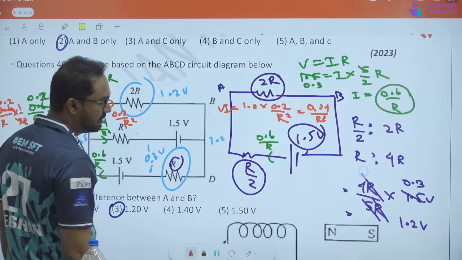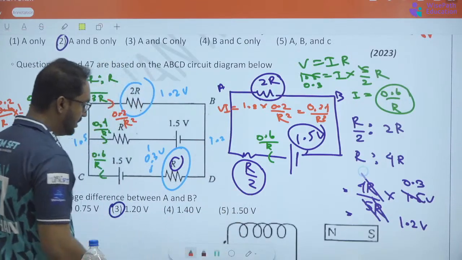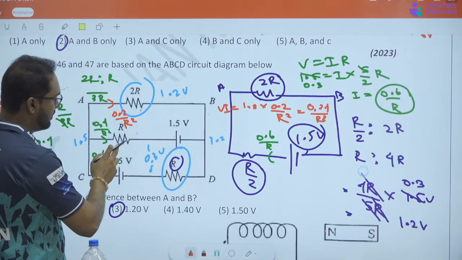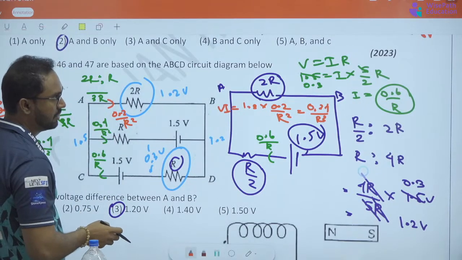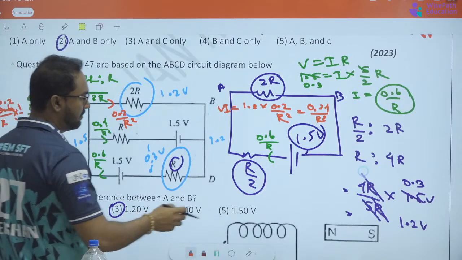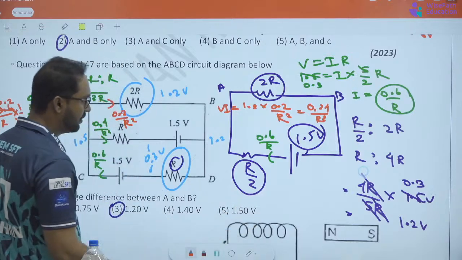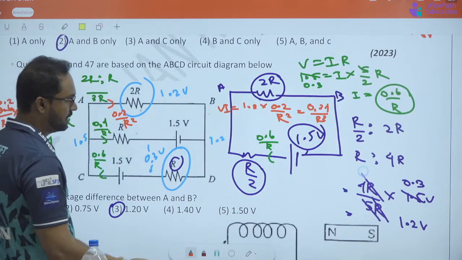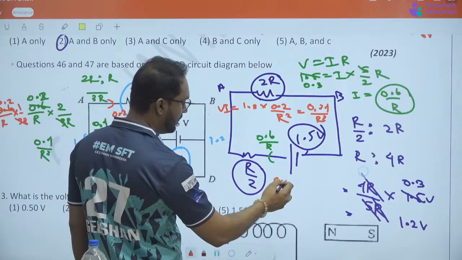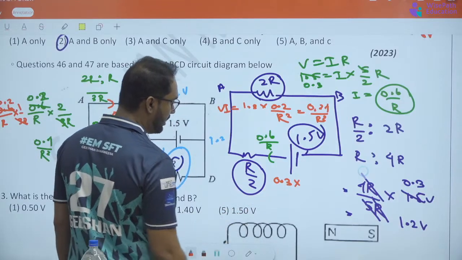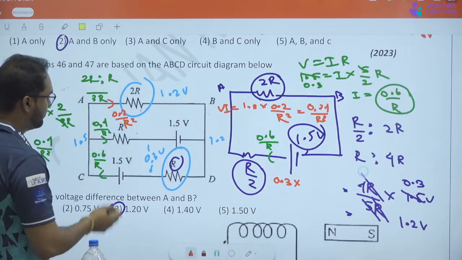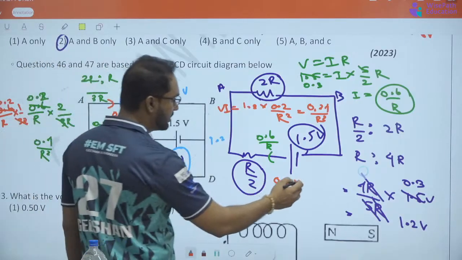If I apply VI to the other one, the voltage is 0.3. This is V, and the I is 0.4 divided by R square.